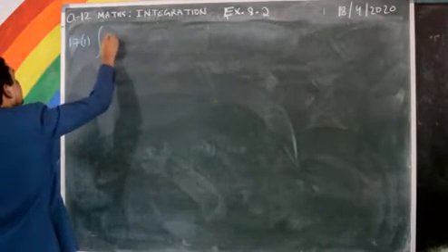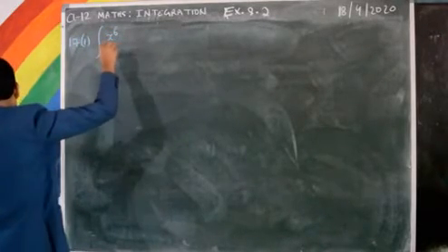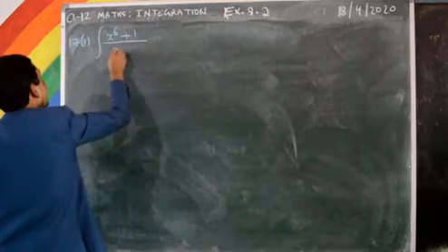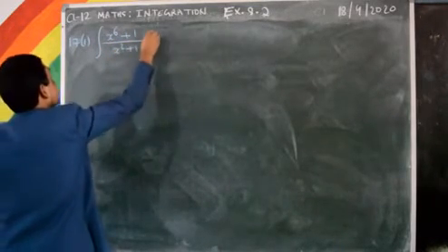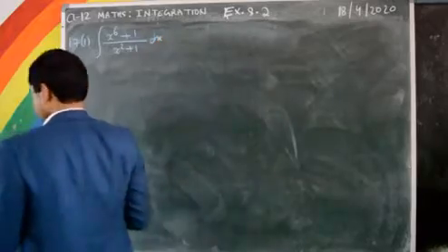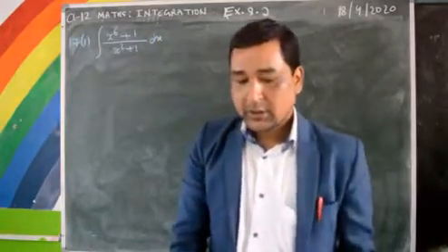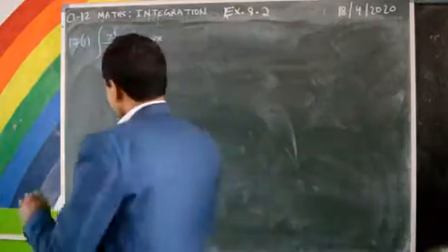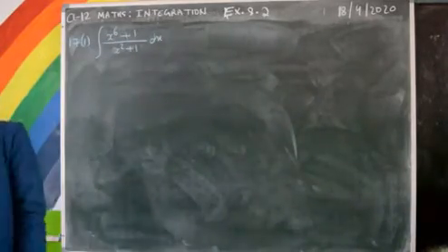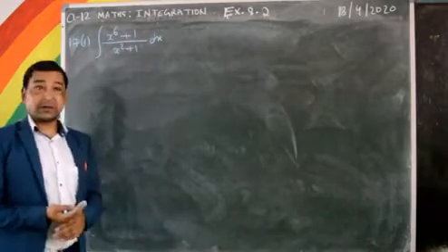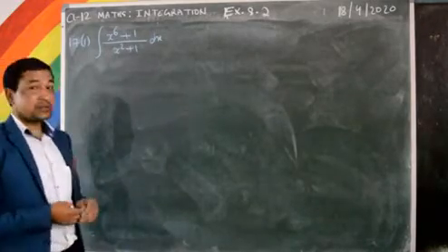Integration of x to the power 6 plus 1 divided by x squared plus 1 dx. Okay, now just observe the question and try to collect the technique to simplify this one.